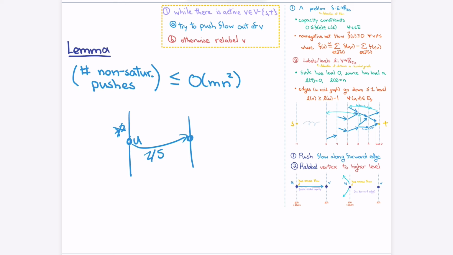So the claim then is that the number of non-saturating pushes is at most mn squared. I should double check this. But any ideas? Okay, good. This will be fun.